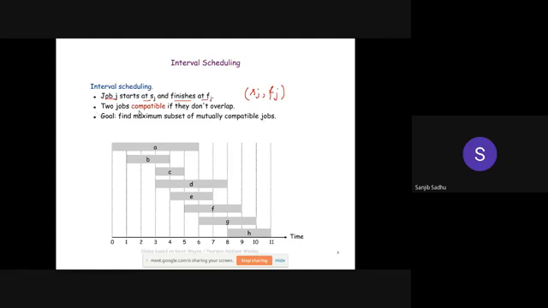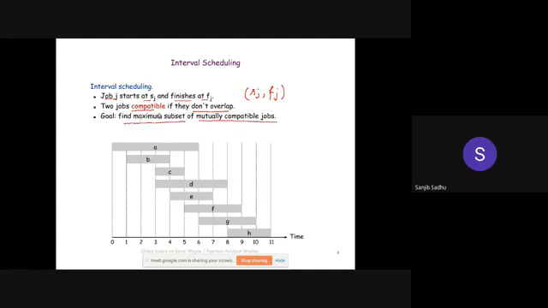Two jobs J1 and J2 are said to be compatible if they do not overlap. Compatible means they can be executed separately, no problem. But not compatible means there is an overlap, and only one of them can be executed. So find the maximum subset of mutually compatible jobs.